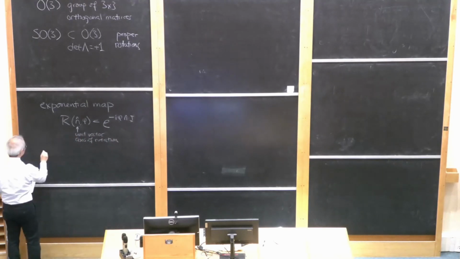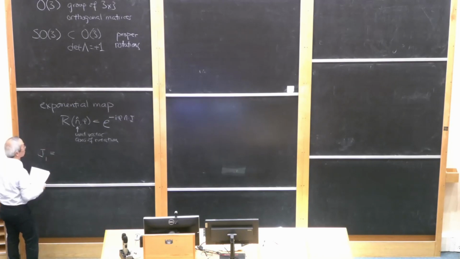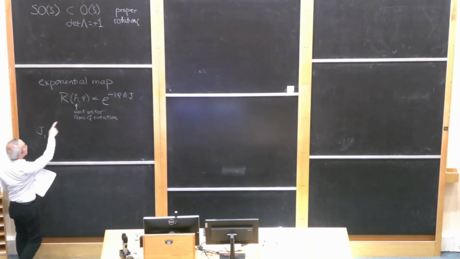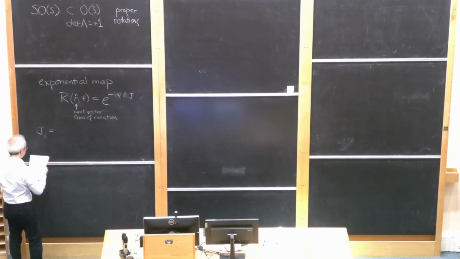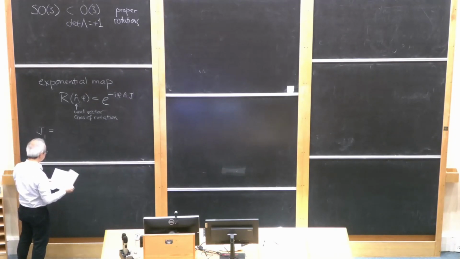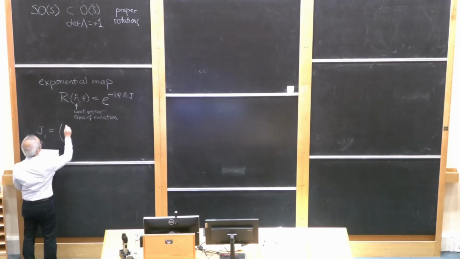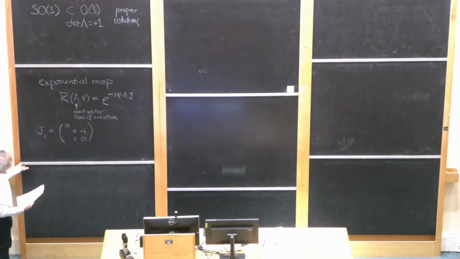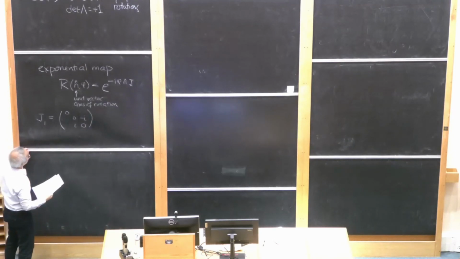The generators are the familiar ones. You have J1, which is a rotation around, well, I'll just write it down in the first instance. So J1 is a 3 by 3 matrix. These are traceless matrices like that. Okay, so that's J1.